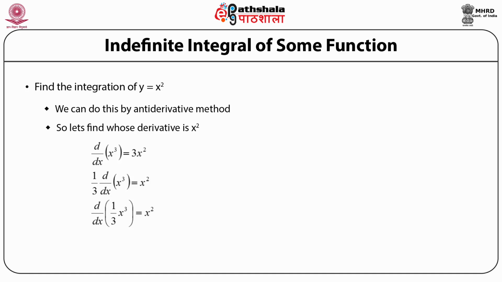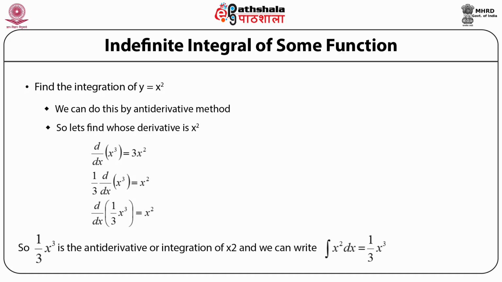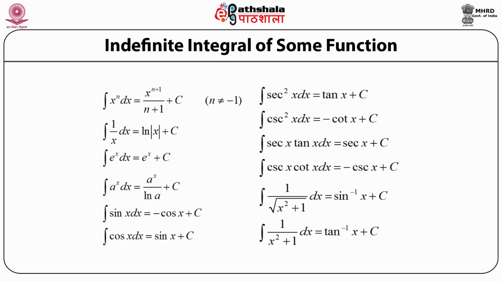So d by dx of 1 by 3 x cube is equal to x squared. So therefore 1 by 3 x cube is the antiderivative or integration of x squared, and we can write integral x squared dx is equal to 1 by 3 x cube. Indefinite integral of some functions. So these are for your reference, and you can refer to all these functions.